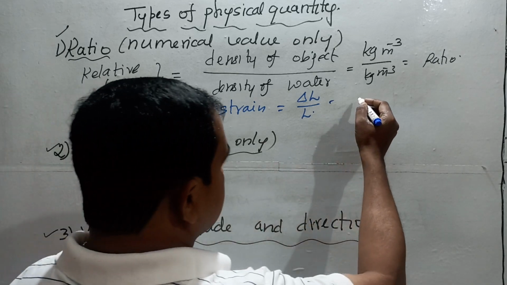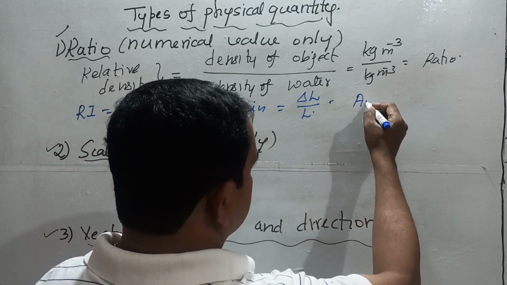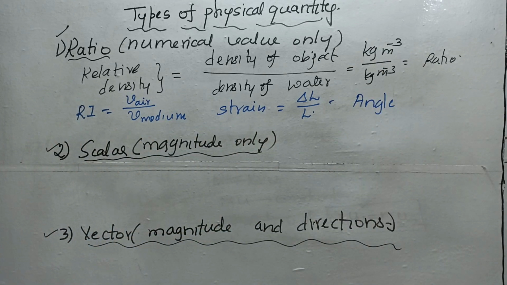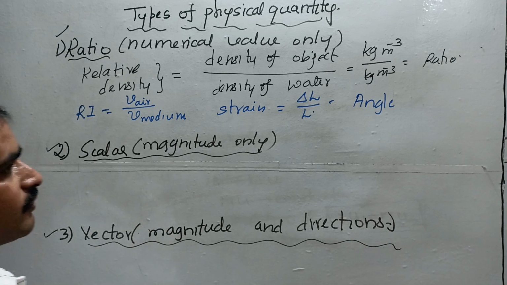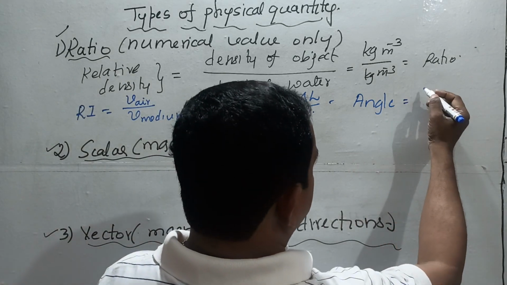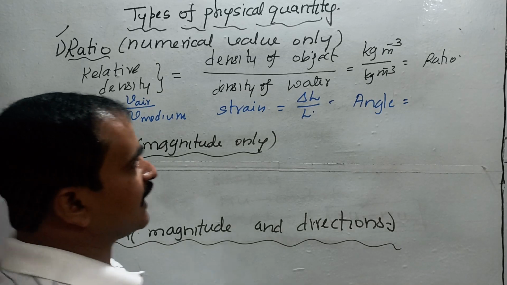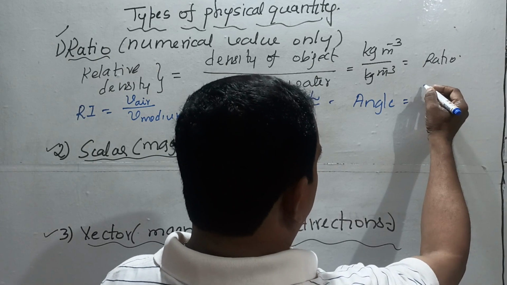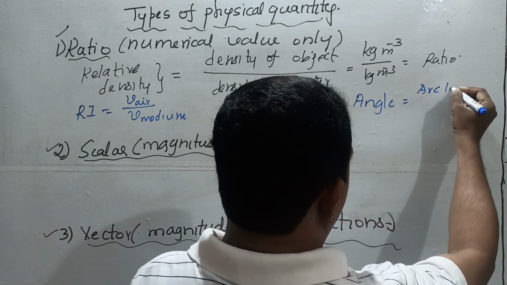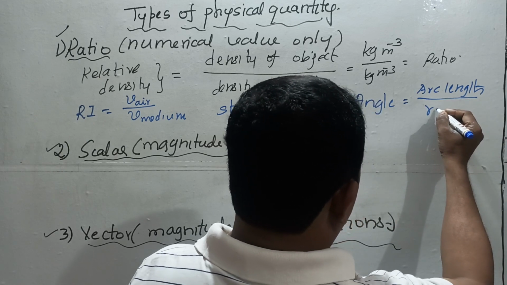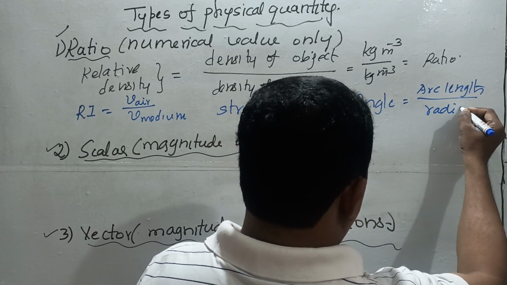But there is one physical quantity, that is angle. Angle is also the ratio of identical physical quantities, but it has a unit, either radian or steradian. It is nothing but arc length divided by radius.